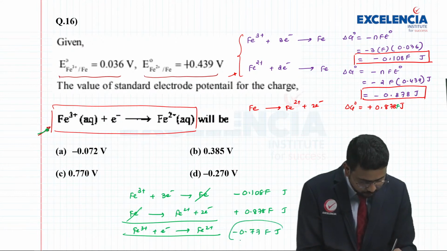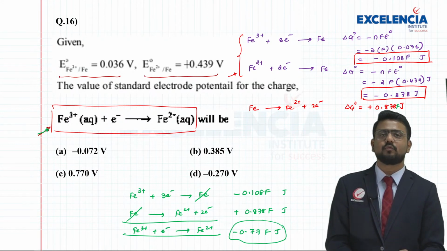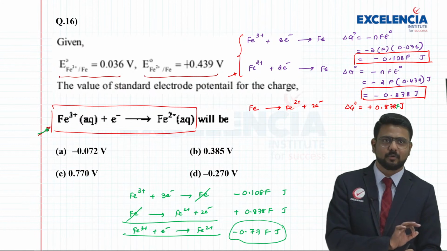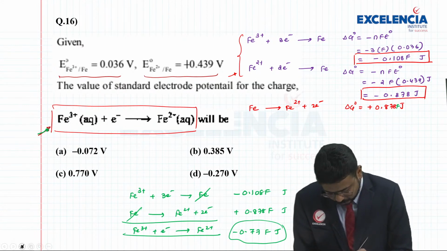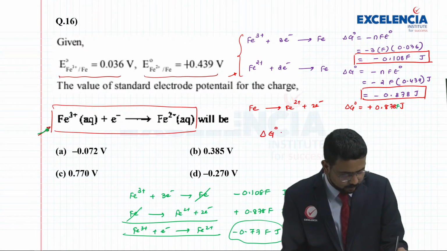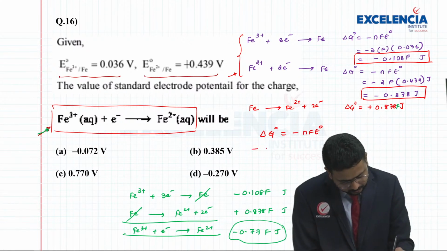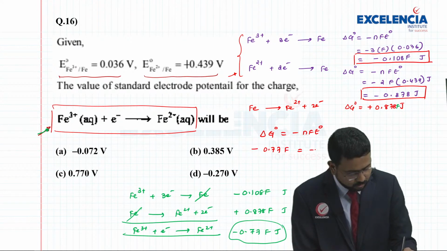Now this is the value of Gibbs energy for the third reaction. But what they are asking us to find is the standard electrode potential, right? So for the third reaction also, we can correlate delta G naught, which is equal to negative nFE naught. Now delta G naught here is negative 0.77 F, which is equal to negative n F E naught.